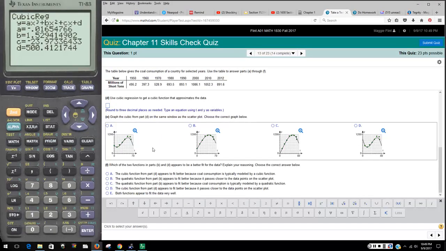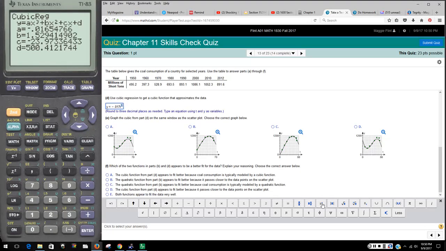Cubic regression says it's going to be y equals negative 0.017, rounded to 3 decimal places properly, t to the 3rd power, plus 1.529 t to the 2nd power, minus 23.973 t, plus 500.412.